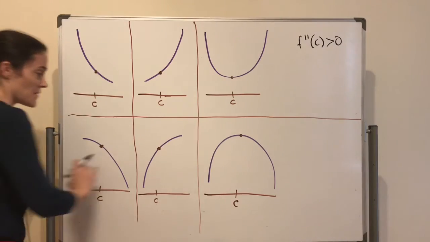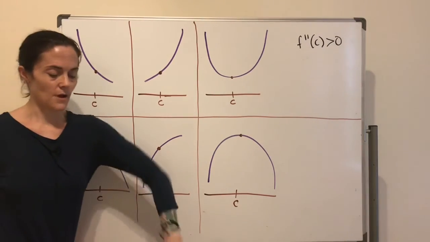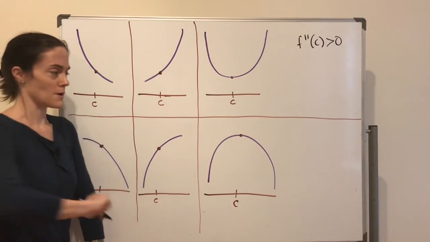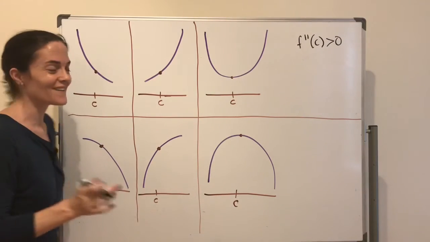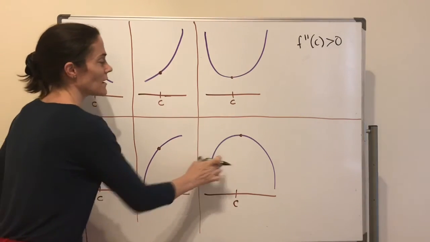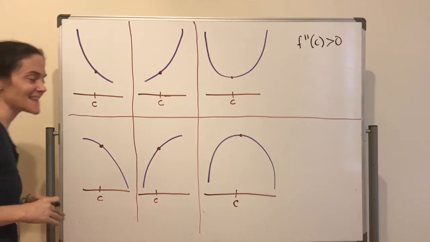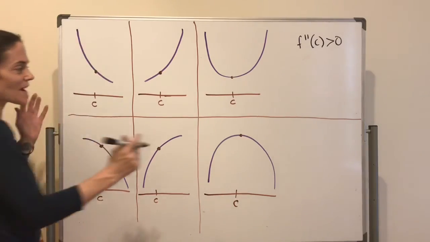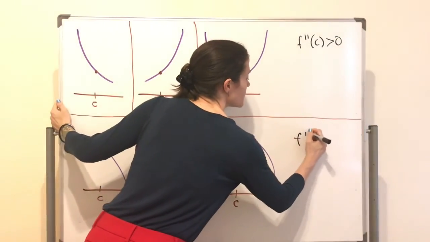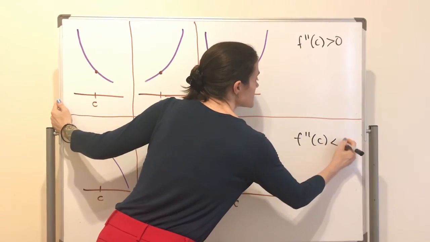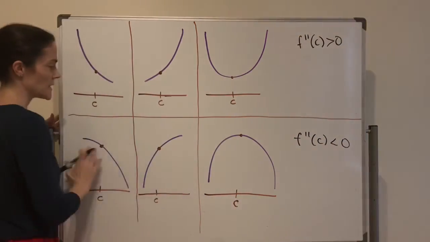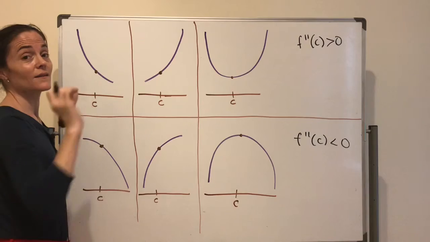Okay, then this one, well, we have concave down, or the whole brown, right? Concave down, concave down, concave down. All 3 of these in the second row satisfy the second derivative at c is negative. Okay, these are all concave down and these are all concave up.